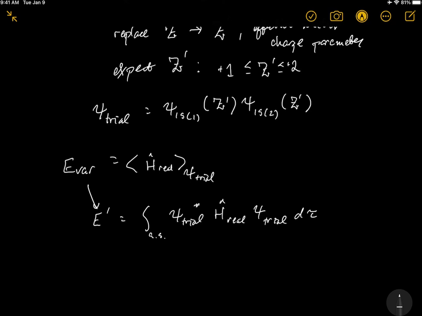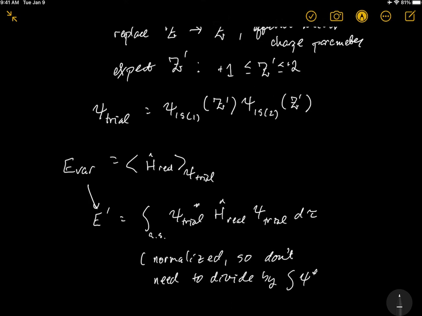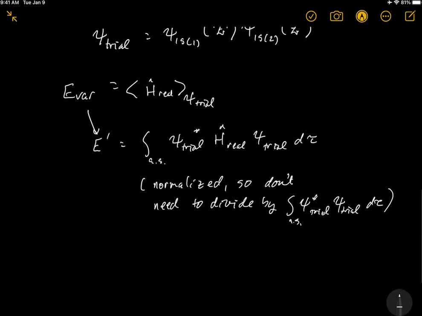However, we started with a wave function that is normalized regardless of the value of Z prime, and so we don't need to do that. So that helps simplify things a little bit.